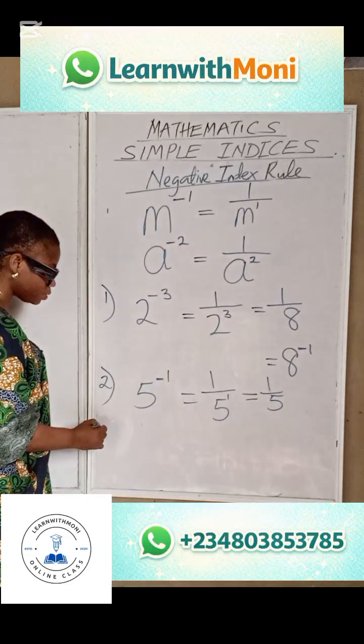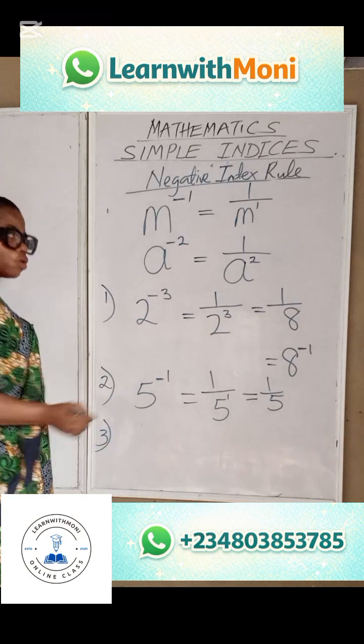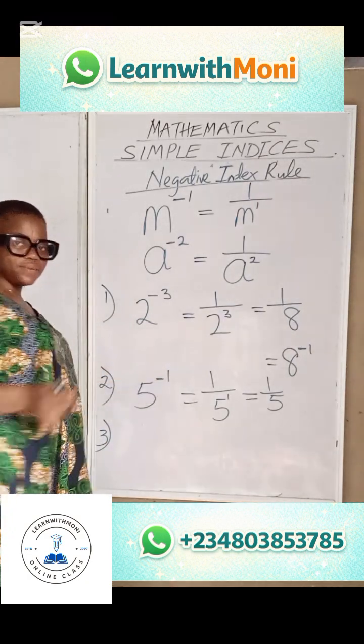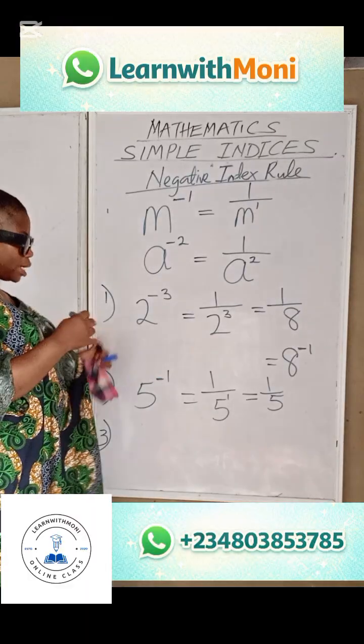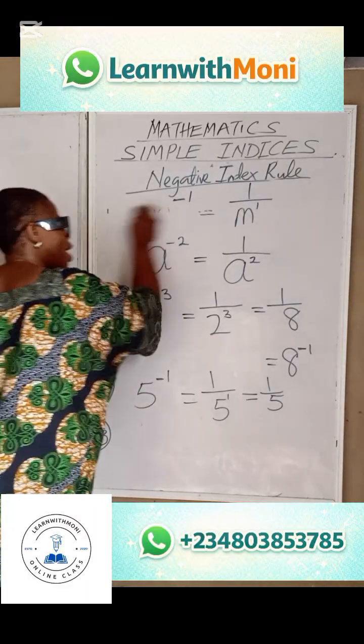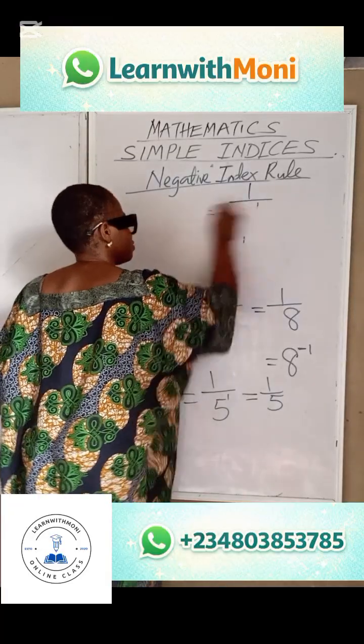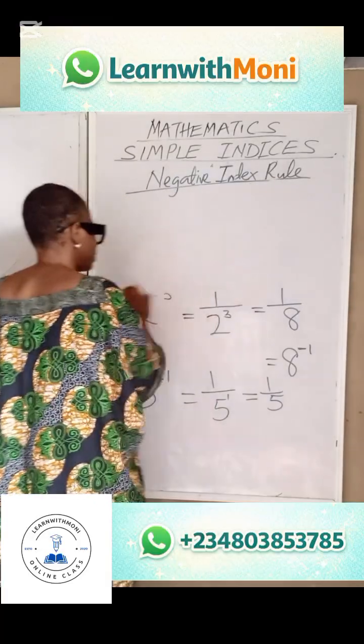Another example is this. When I have the multiplication law with a negative index, how do I simplify that?